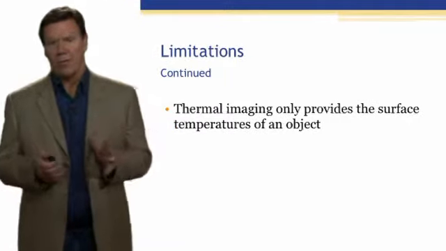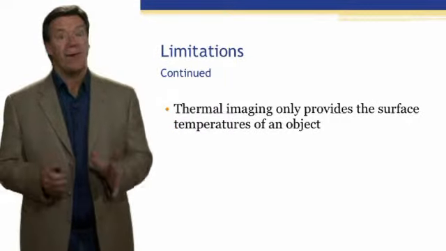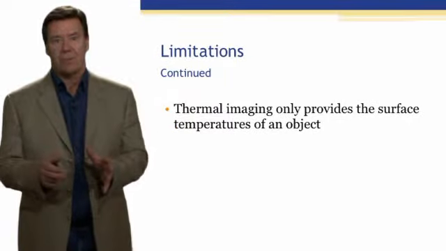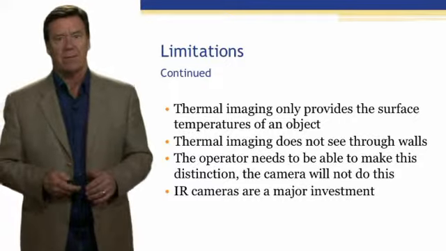It's also important to recognize that thermal imaging only provides the surface temperature of an object. Thermal imaging does not see through walls. It only measures the temperatures and reflected energy off those surfaces. So the operator needs to be able to make this distinction. The camera will not do this. IR cameras are a major investment.